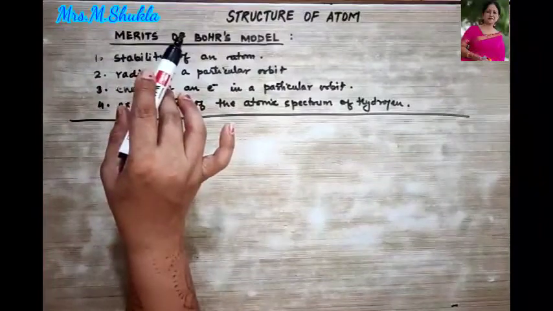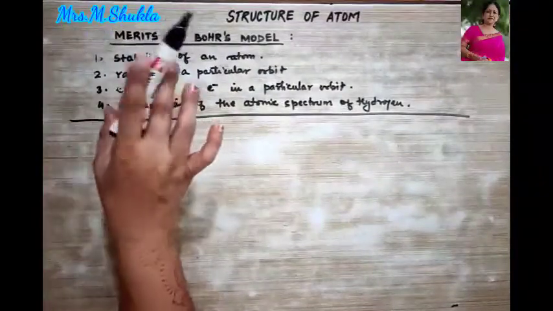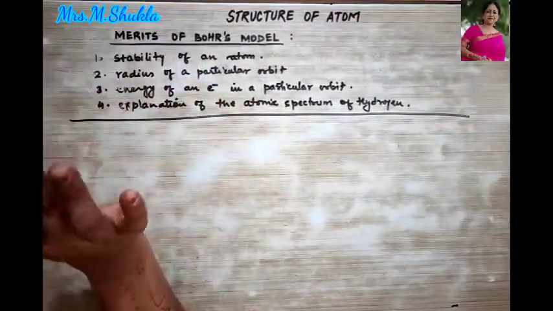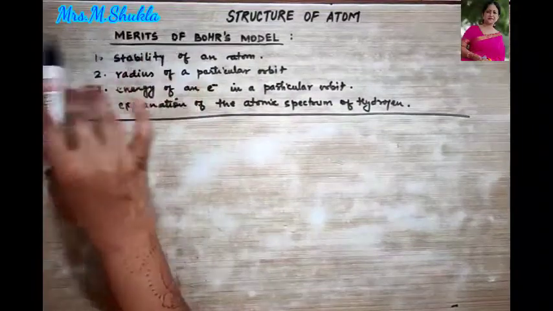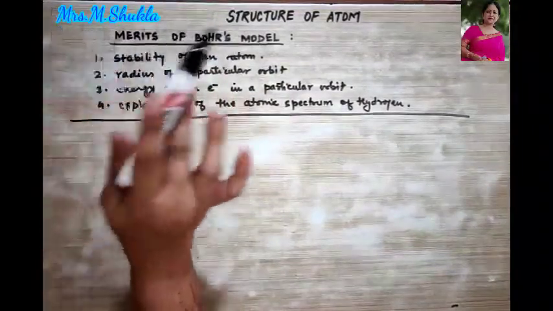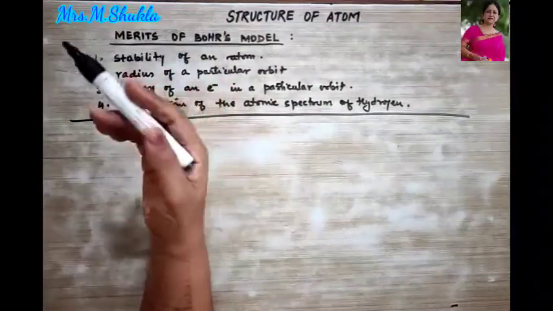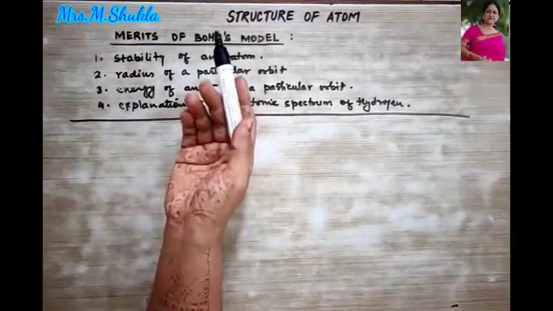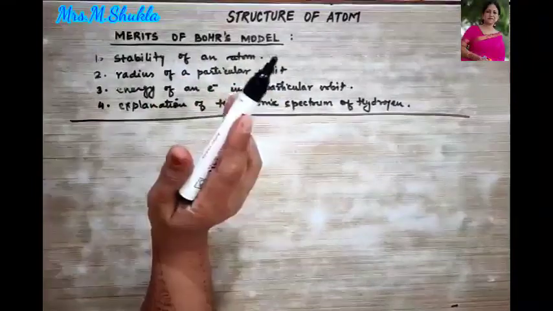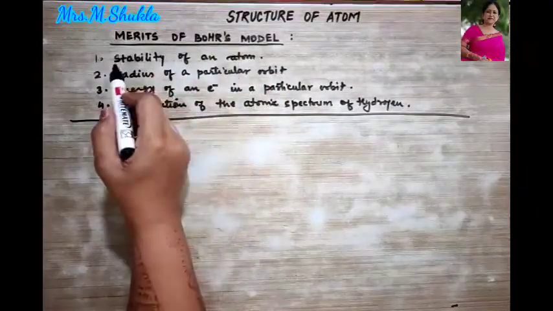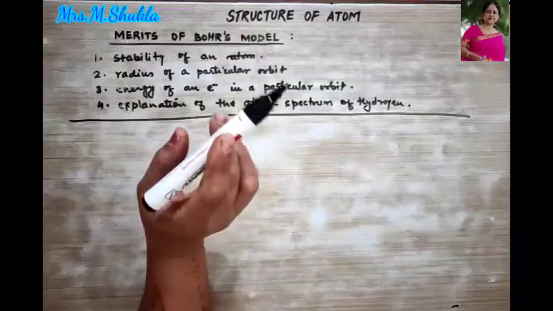This also explains that if an atom is not disturbed, the electron will go on moving in that specified orbit forever, and hence the atom will remain stable as it will not collide with the nucleus. This explains the stability of an atom.